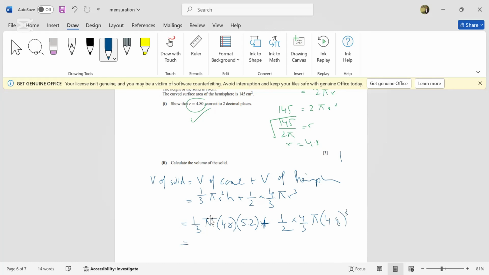Let's put it in the calculator to get our answer: 57 point.